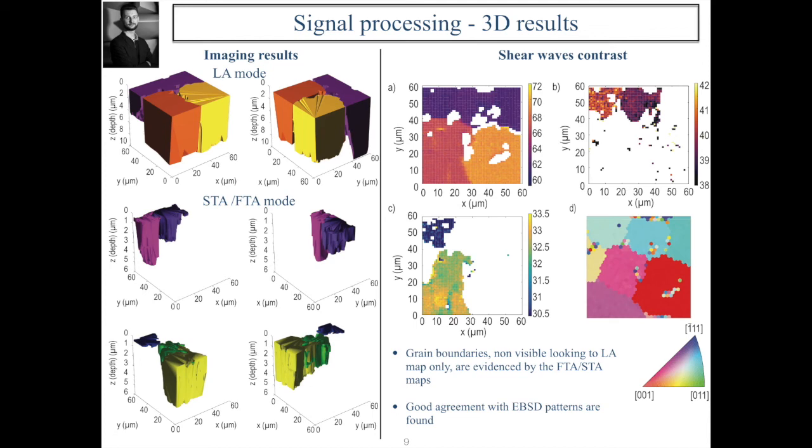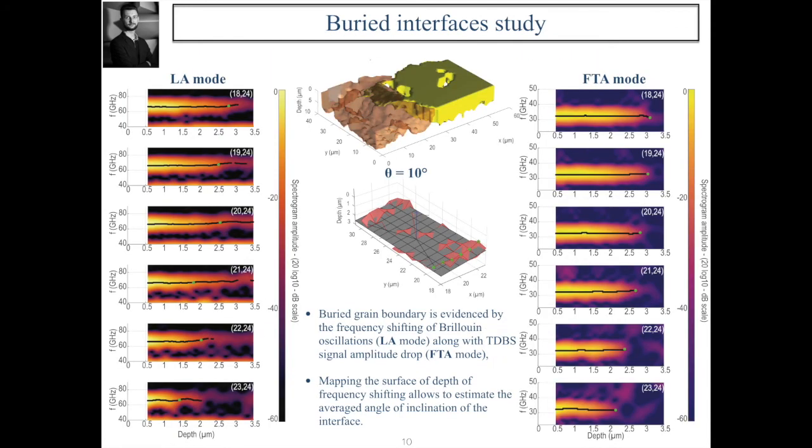Finally, these 3D images open the possibility of geometrical estimates. This slide presents the study of an inclined interface between one grain and another grain that is imaged via two physical phenomena. The first one concerns the longitudinal acoustic mode.